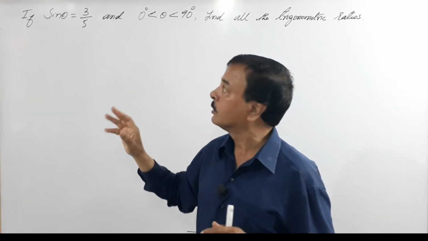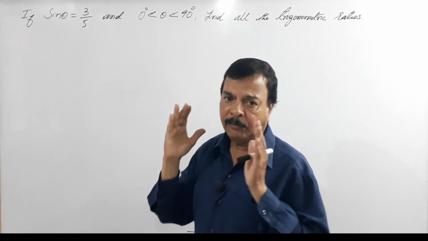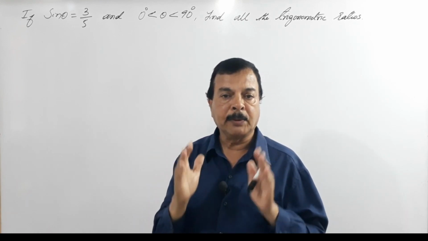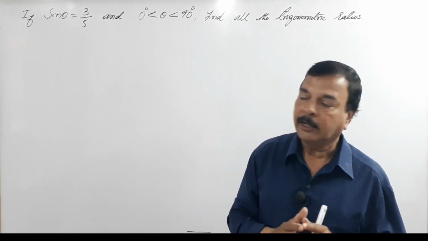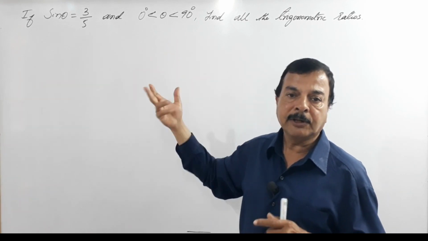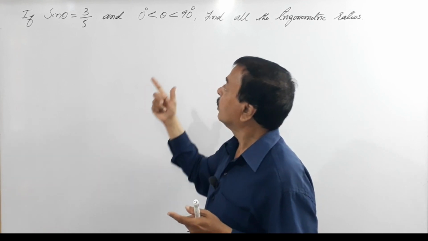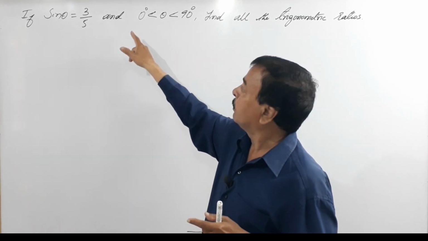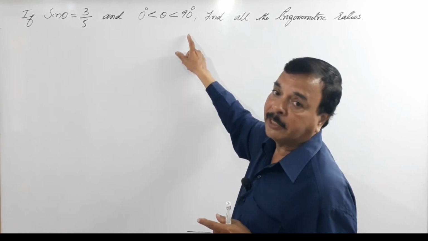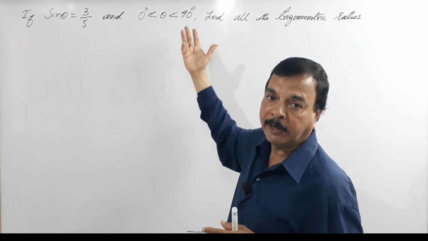That's the meaning of this, because for any two lines to make a triangle, it should have some angle. So it cannot be 0 degrees. If it is 0 degrees, it will become a straight line. Okay. So theta should be greater than 0 degrees and less than 90. If it is equal to 90, it becomes a right angle triangle.